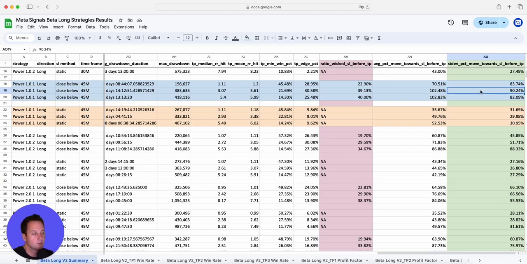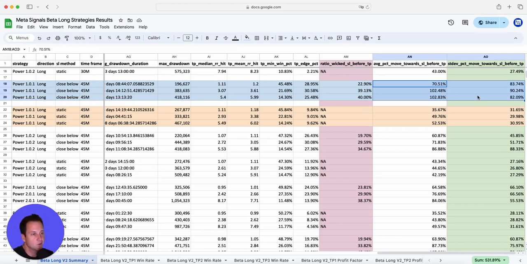If you were targeting TP2, that number goes to 90% on the standard deviation. 102% means that actually on average we went past the stop loss, below the stop loss, before finally going up and hitting TP2. What this is telling you is that you have time to find your entry on this strategy.